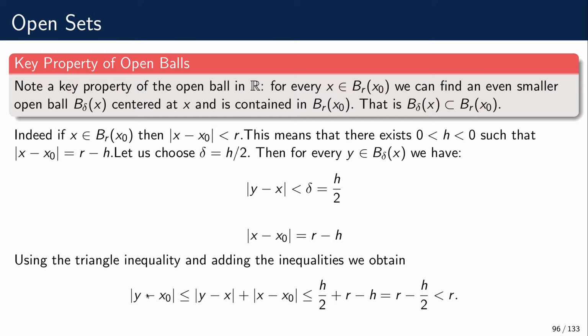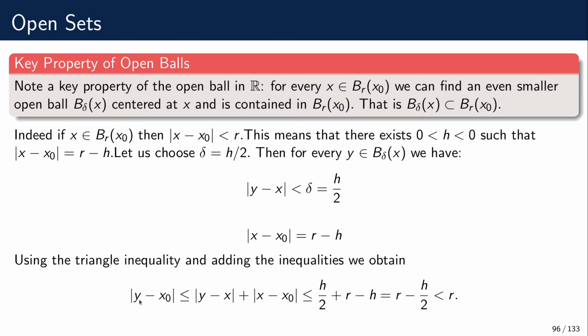We could subtract x here and add x here. And so using the triangle inequality, we see that this is no more than that. But the distance from y to x is smaller or equal to h half, and this distance is r minus h. And so what we have here is r minus h half, and h is positive, so of course it is smaller than r.